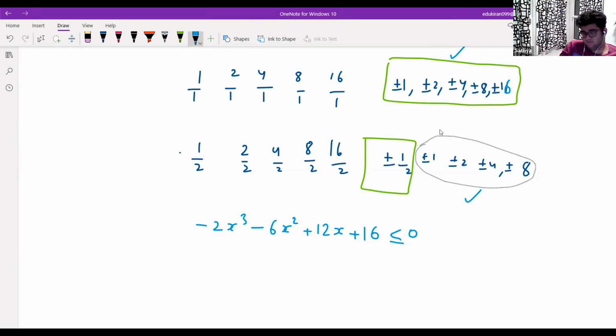So that is not the root, no? Okay, so x equal to 1 is not the root. Then move on further. You have to find the zero now. Inequality we will see later.